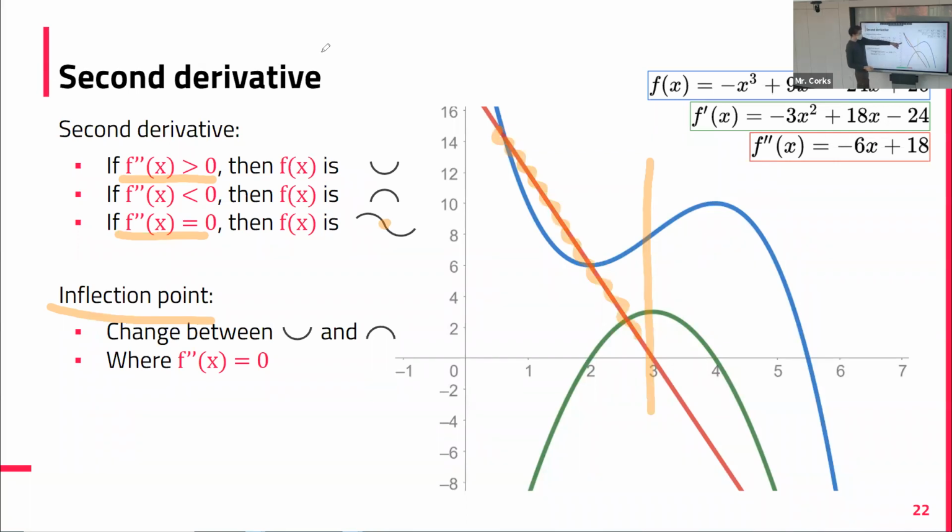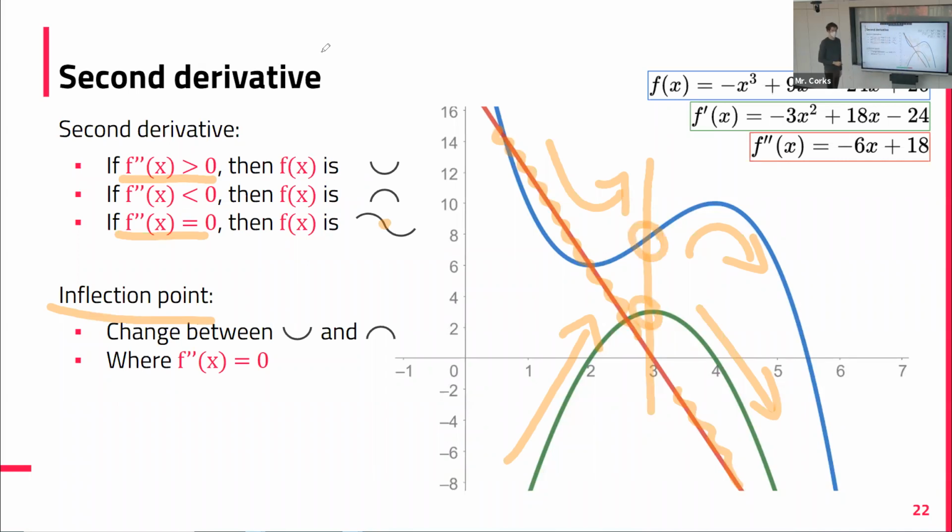When the red one is positive, the green one is increasing for that whole interval, and the blue one is curving up for that whole interval. And when the red one is negative, the green one, the first derivative, is decreasing for that whole interval, and the blue one is curving down for the whole interval. And when the red one is 0, the green one has a maximum, and the blue one has the inflection point.